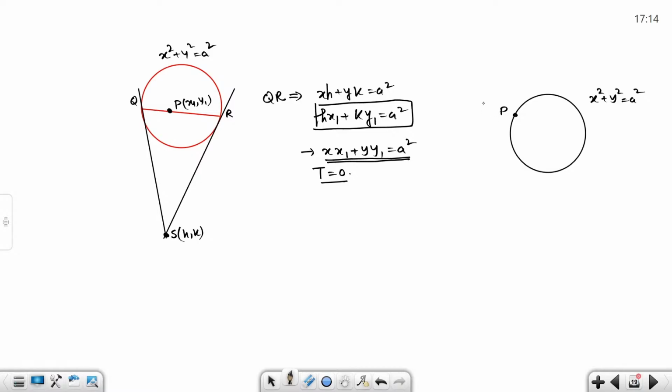The coordinate of point P is x1, y1. Now, what I will do, I will simply draw a chord. Let us say these 2 points are P and Q. At these 2 points P and Q, if you draw tangents, they are going to meet somewhere here.